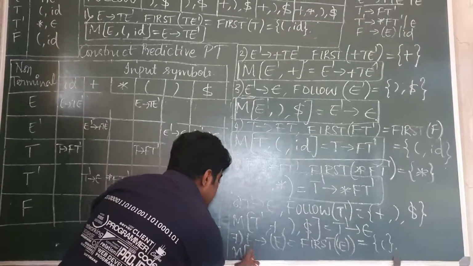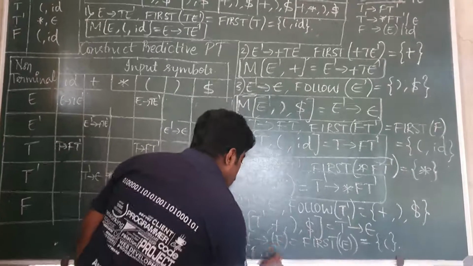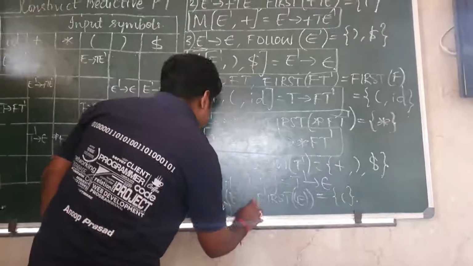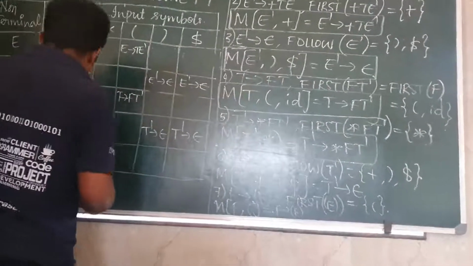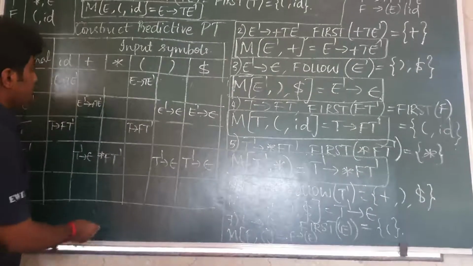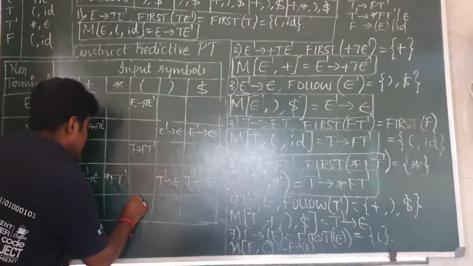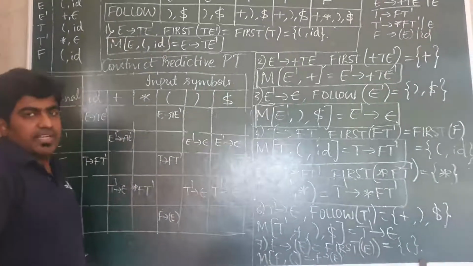In parsing table M, from which non-terminal? F. On taking the opening bracket, you have to include the production F tends to (E).